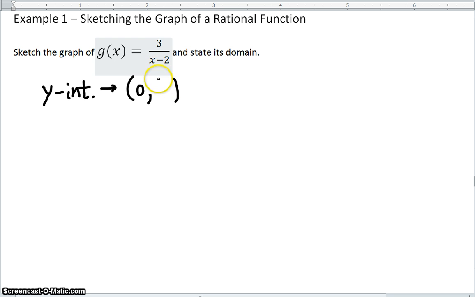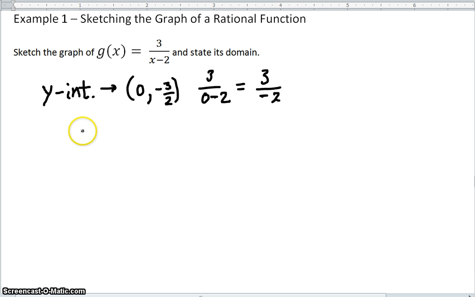So if we can find out where x is equal to 0 in this, we'll get a point on this graph. Well, if I plug in 0, I get 3 over 0 minus 2, which is 3 over negative 2. So this point is on the graph.